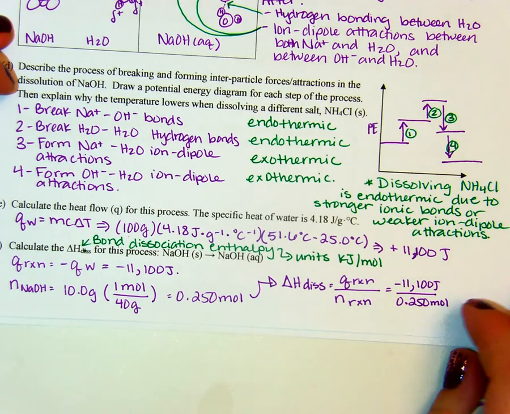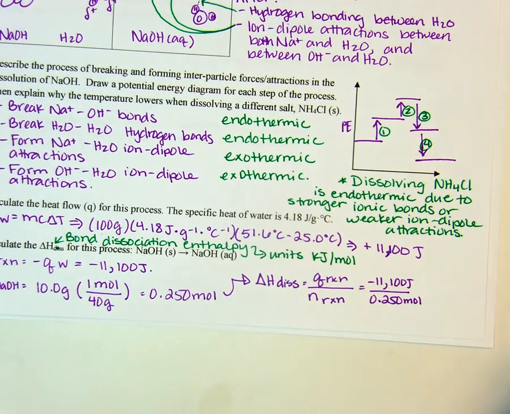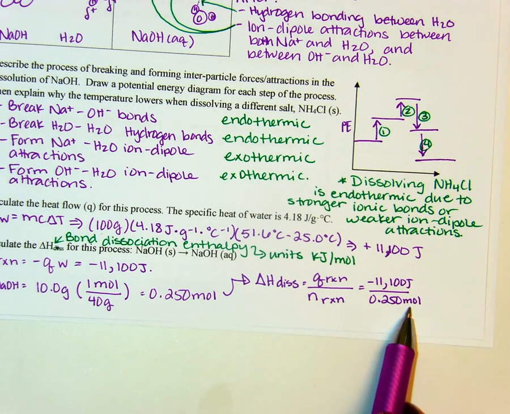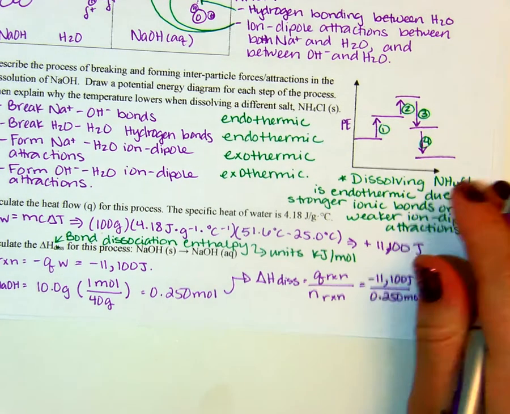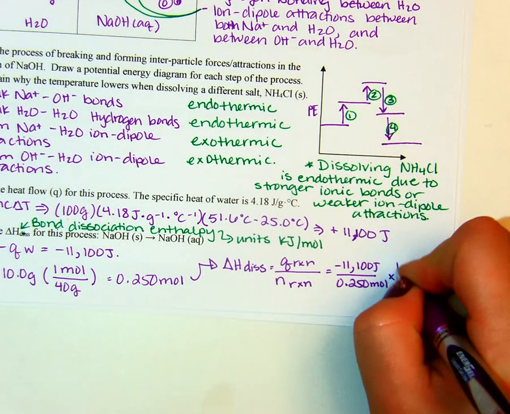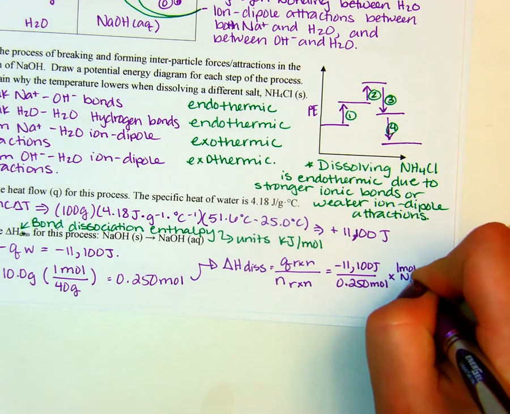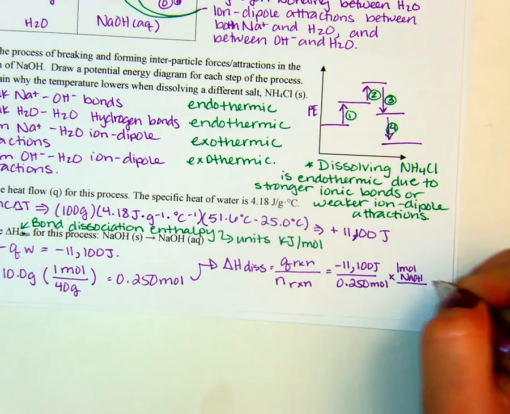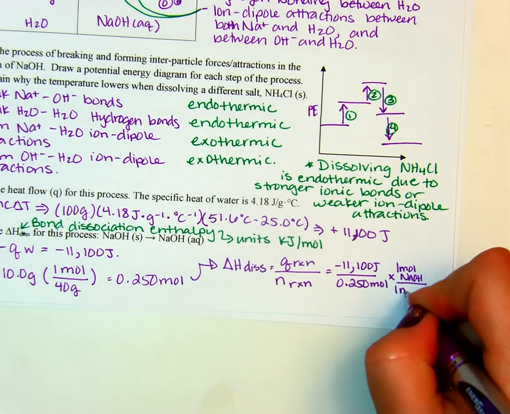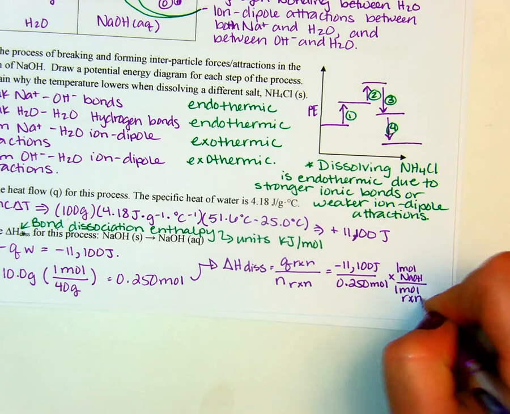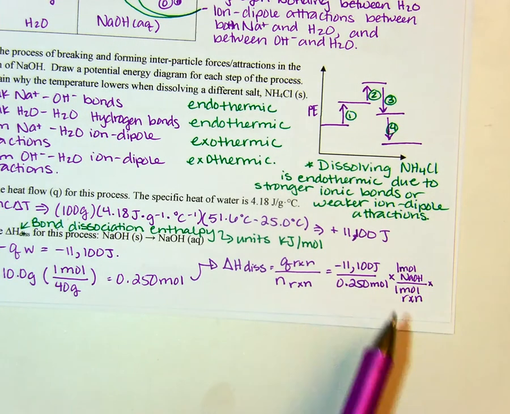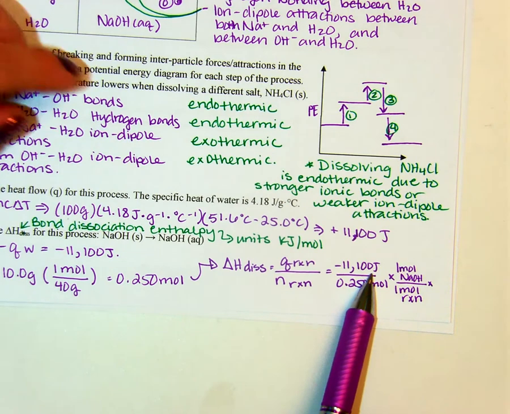So I want to be able to cancel out my correct units. And right now we're in moles of NaOH, but I want to do moles of reaction. Our balanced reaction is just 1-to-1 for this case, so I'm going to write it in just so we can see that. So 1 mole NaOH per 1 mole of the reaction. And I'm in joules, and I need to be in kilojoules, so we're going to do a conversion for that on here as well.